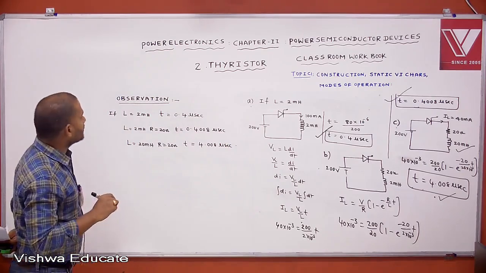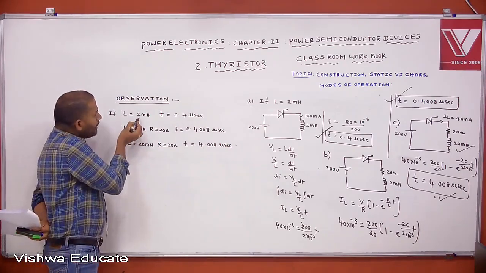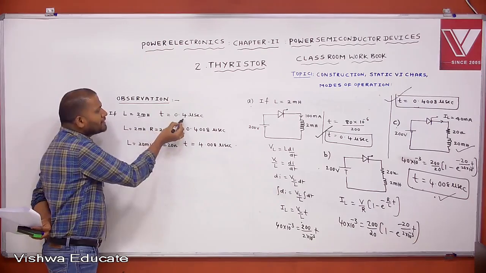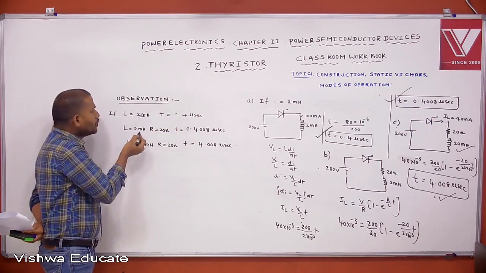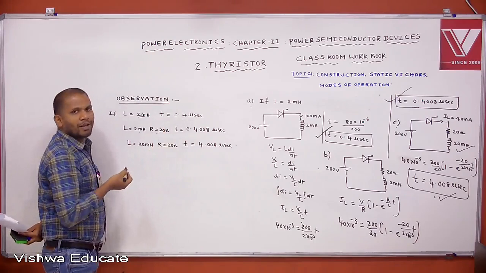Now see the observation. Here with 2 millihenry, this is the minimum gate pulse width. With 2 millihenry and 20 ohms, this is the minimum gate pulse width.